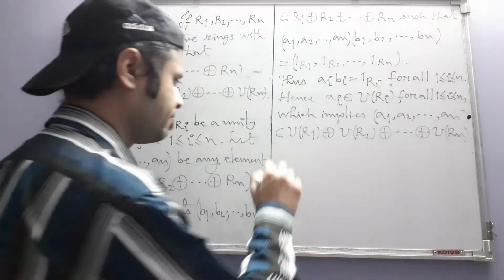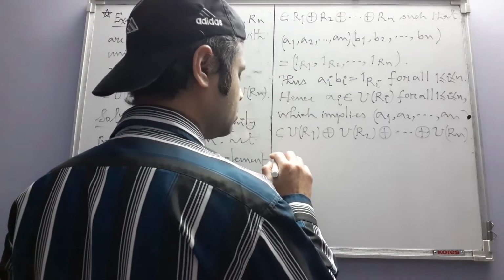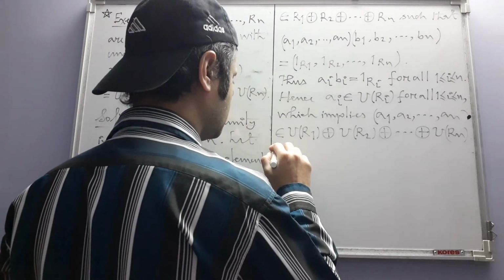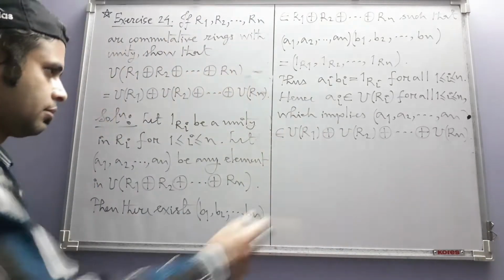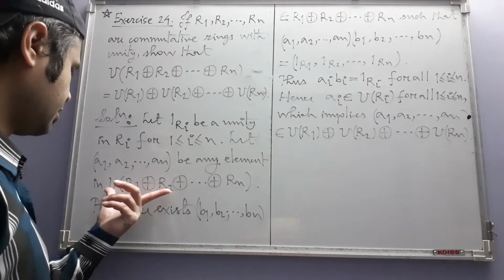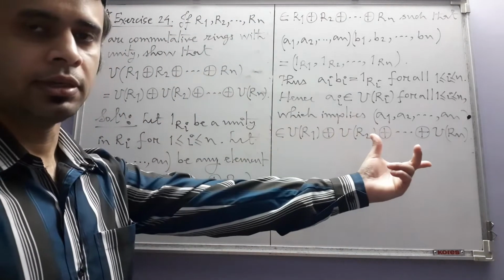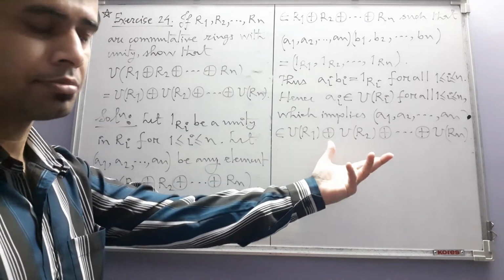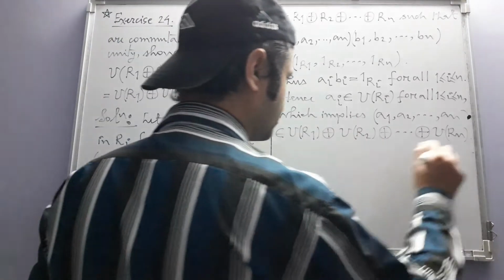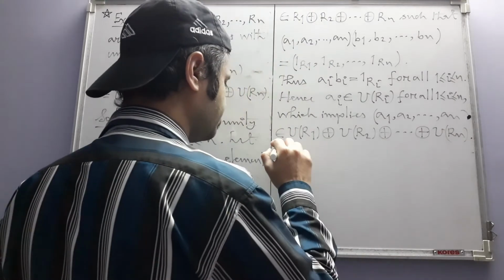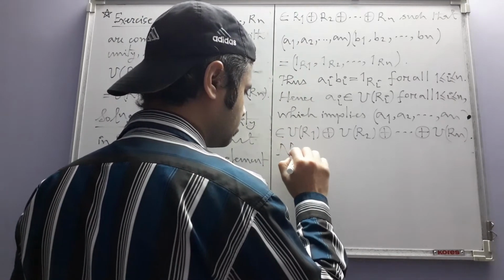And that in turn implies that U of this is contained in this as a subset. That we are not writing. Okay, this is understood.